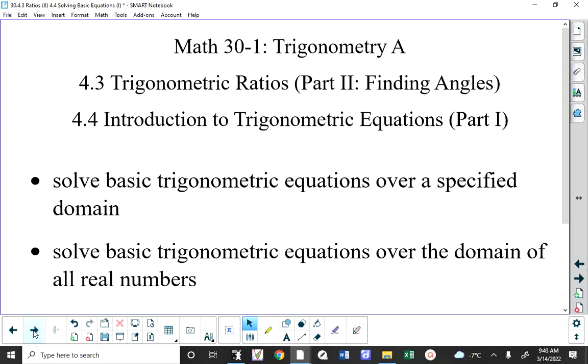We're going to spend a couple of days on this. One day on this lesson, and then tomorrow we'll look at more complicated ones. The only difference between these 2 objectives is the domain, whether it's a specified domain, like what are the solutions to the equation between 0 and 2 pi, or what are all of the solutions to the equation over any real number.